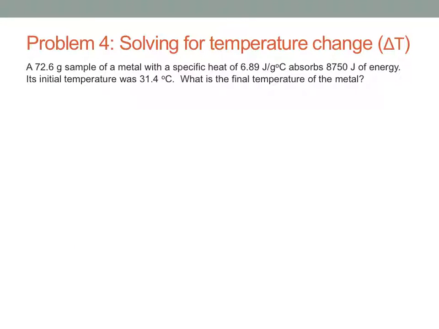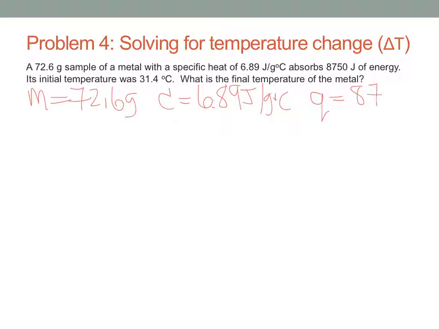Our fourth and final problem is going to be solving for delta T. So again, identify variables. M is 72.6 grams. Our C is 6.89 joules per gram degree C. And our Q is 8750 joules.